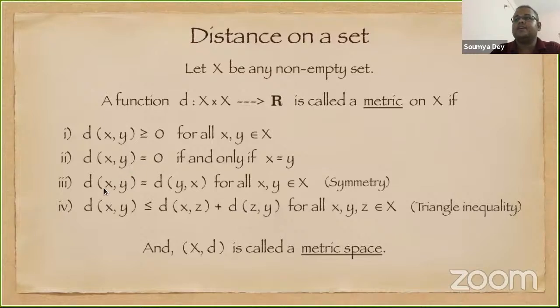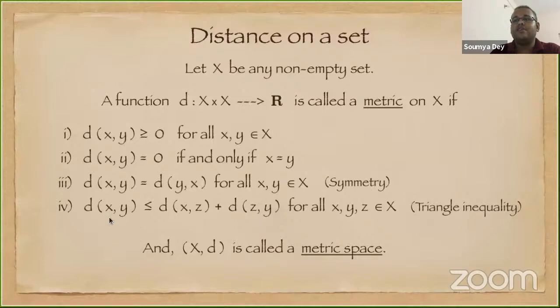The third condition says that d of xy and d of yx are the same. So the distance from x to y is the same as the distance from y to x. And finally, the fourth condition is called the triangle inequality.